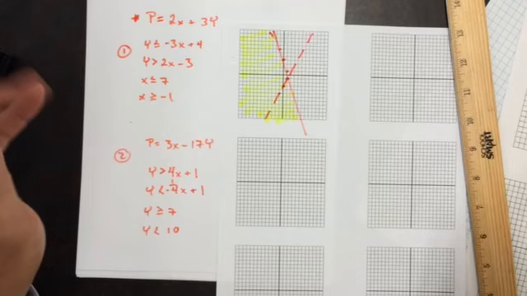P equals 3 times -2.5 minus 17 times 10, -7.5 minus 170. P equals -177.5, which we don't want, so we're going to actually turn it into a fraction, -355 over 2.